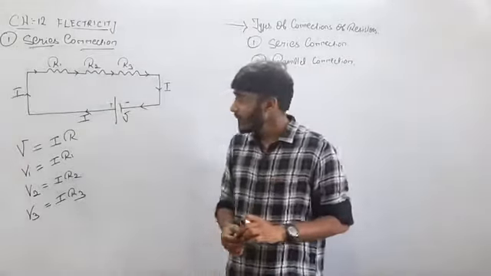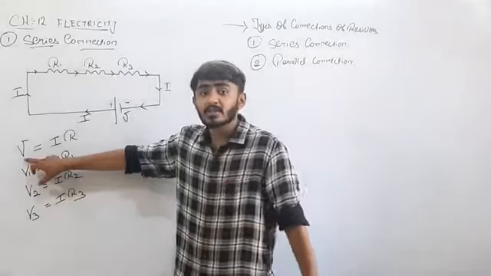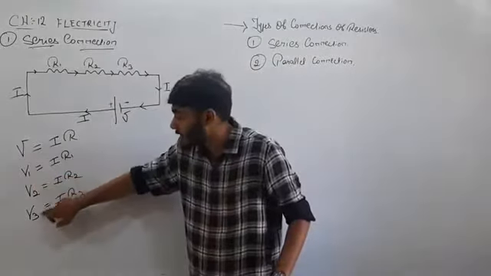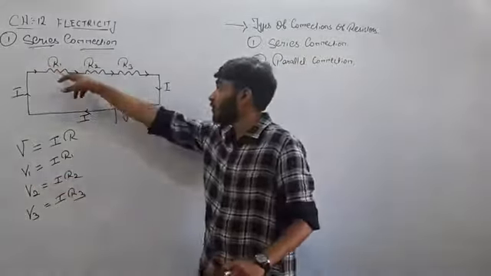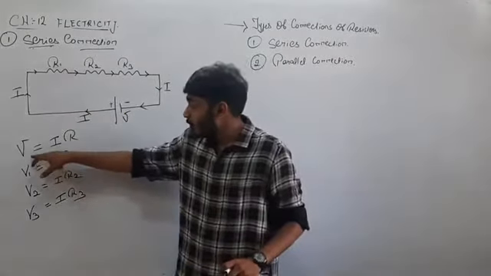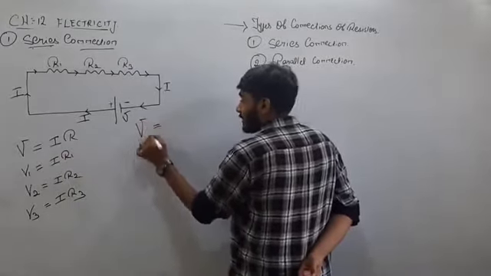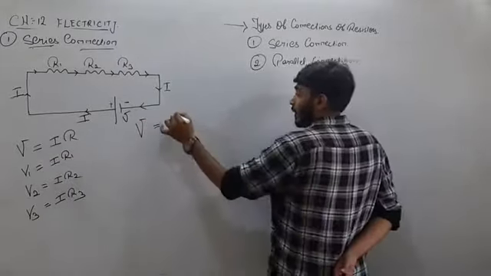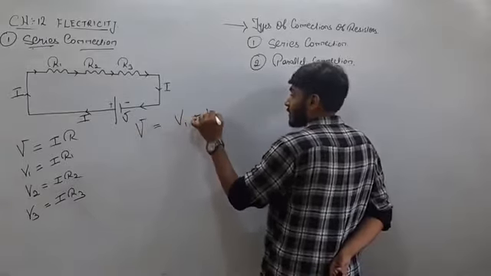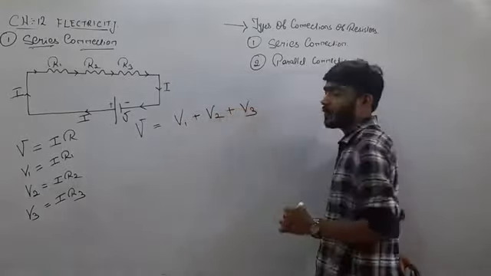Now what will be the total voltage? The total voltage will be the sum of all the 3 voltages given over here, because we have the 3 resistors over here. So the total voltage, we can write as capital V equals V1 plus V2 plus V3.